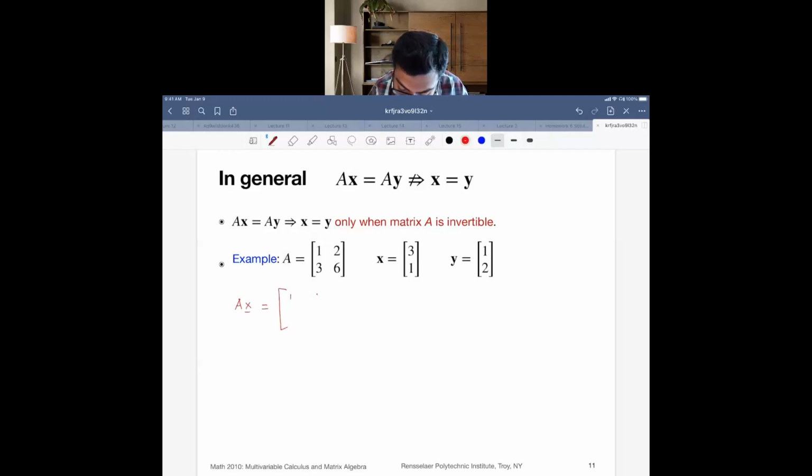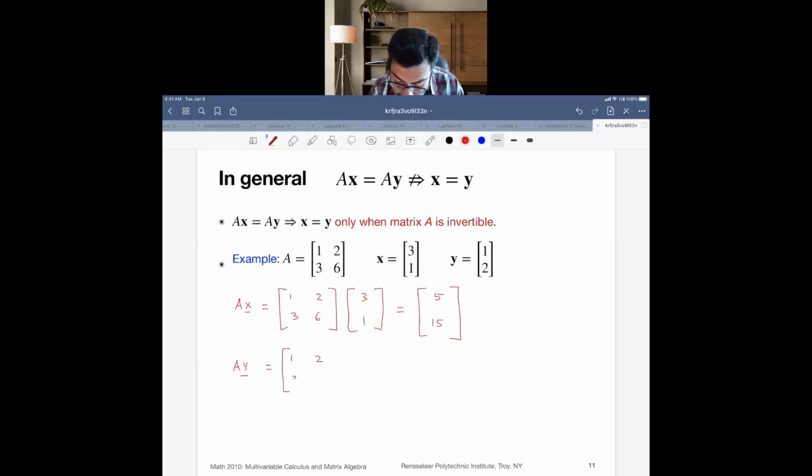You have 1, 2, 3, 6, followed by 3, 1. This will give you what? 3 plus 2, 9 plus 6, right? And then similarly, if you do AY, what do you have?